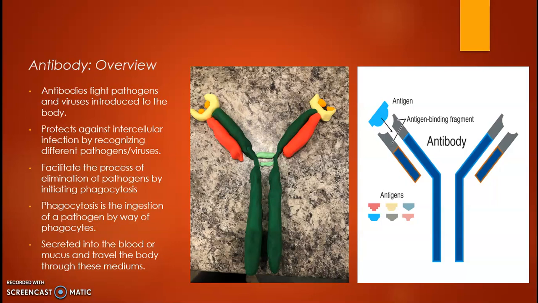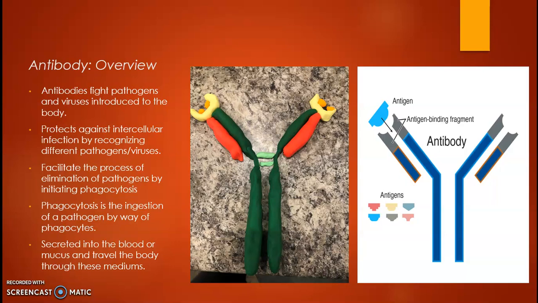Antibody overview. Antibodies fight pathogens and viruses introduced to the body. They protect against intracellular infection by recognizing different pathogens and viruses. They also facilitate the elimination of pathogens by initiating phagocytosis.